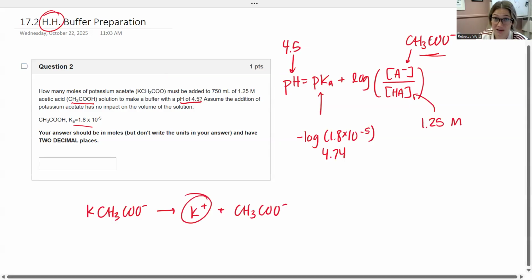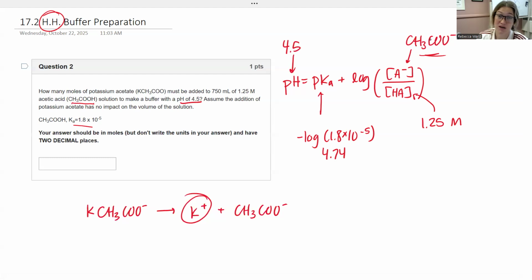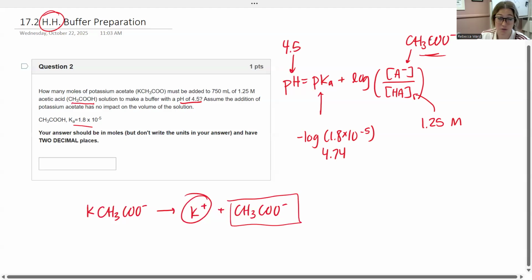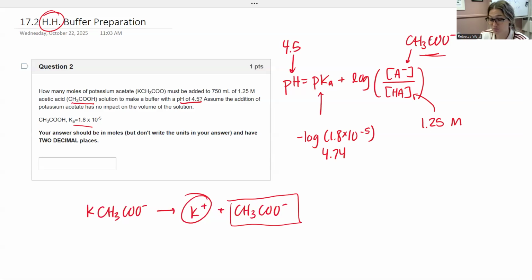This being a group 1 metal that is not very densely charged, doesn't prompt any hydrolysis reactions. In other words, it's not going to make any H plus or OH minus, and so we can ignore it. It's a spectator ion. This, however, is important because it's the other component of our buffer. We need the acid and its conjugate base. That is the conjugate base of acetic acid.